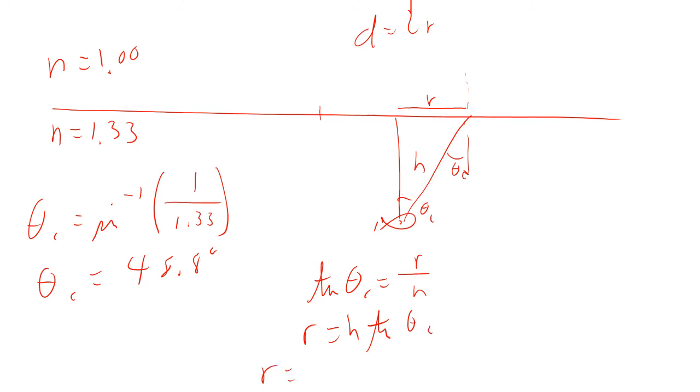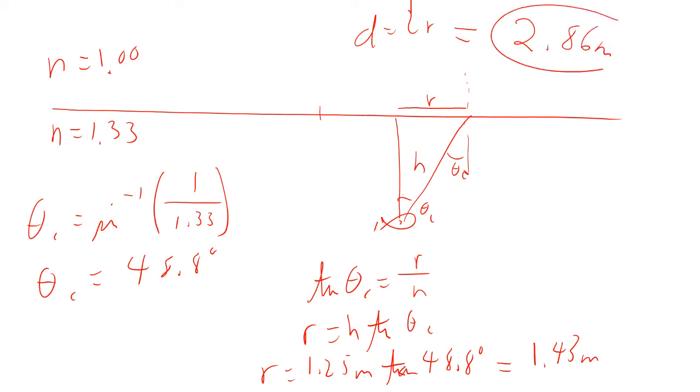That's 1.25 meters times the tangent of 48.8 degrees, and that comes out to be 1.43 meters. The diameter of Snell's window is twice that, so that's 2.86 meters. This is an example of total internal reflection.